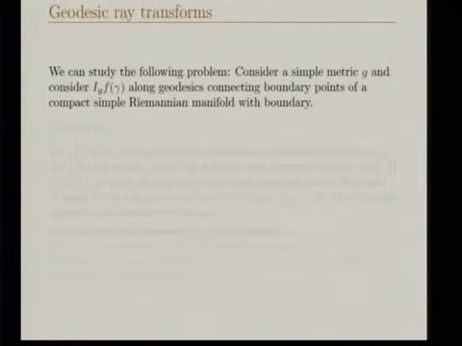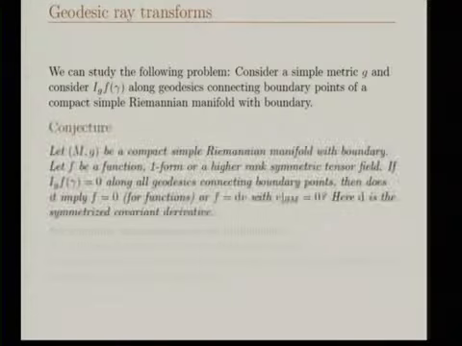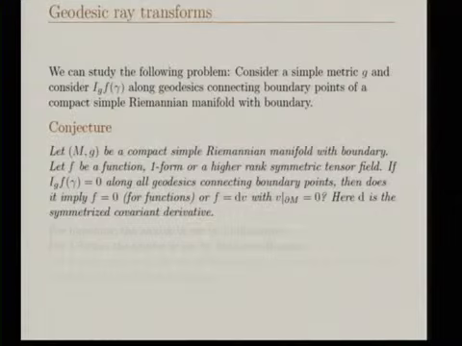Okay, so you consider I_g f of gamma along every geodesic gamma connecting boundary points, and I assume the metric is simple, then the conjecture is, so let f be a function, a one form or a higher rank symmetric tensor field. And if you have worked in this field a little bit, usually functions are easier, one forms are slightly easier, 2 forms and higher are really difficult.